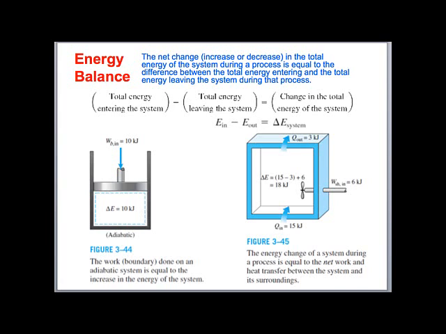We have work from the shaft into the system, and we have heat transfer, maybe some type of candle or heater putting energy into the system. So we have 15 plus 6, which is 21 kilojoules being added into the system. 3 kilojoules leave the system. So a total of 18 kilojoules needs to be accumulated in this system in order to satisfy the first law.